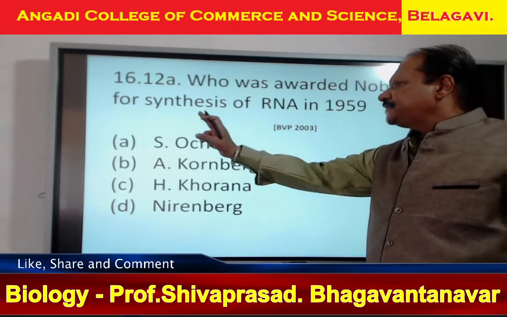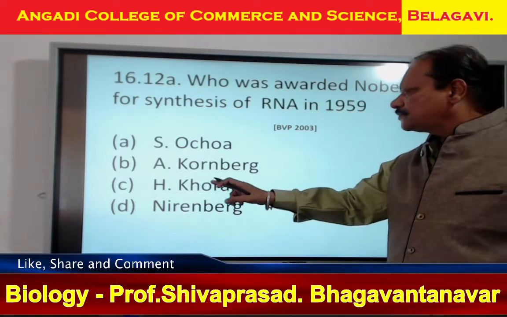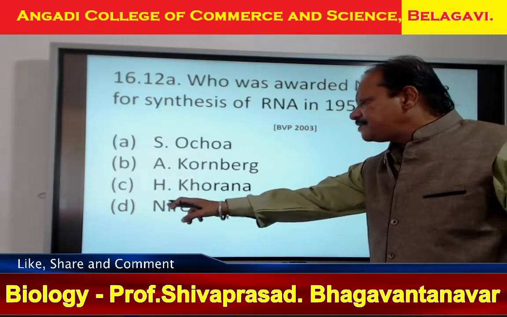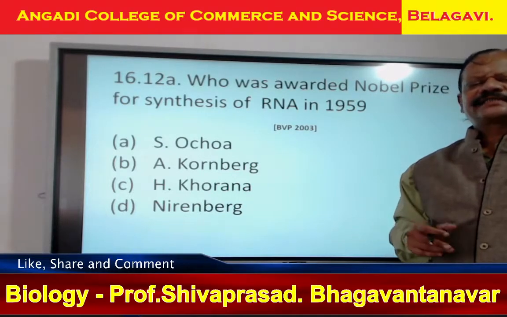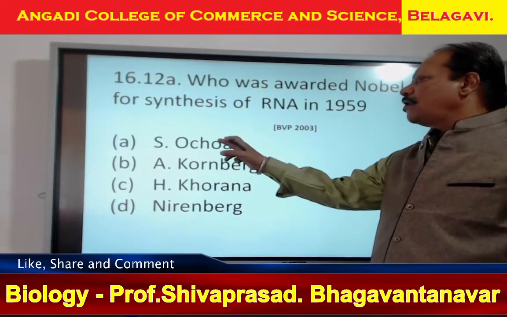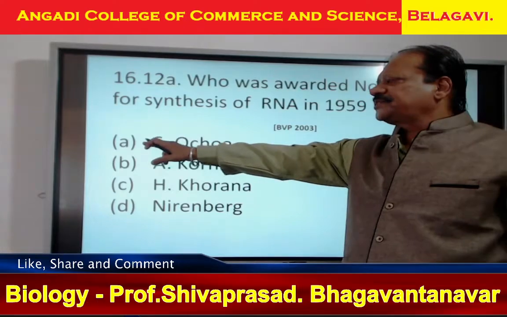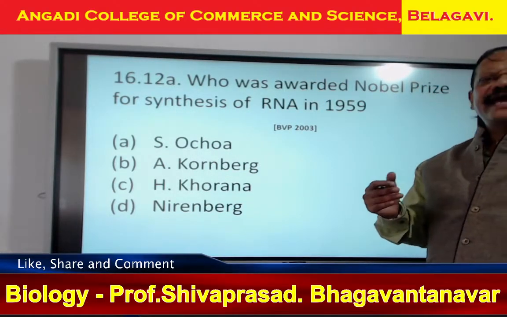Option A is S. Oka, B is Korenberg, C is Korana, D is Nirenberg. So already these details in the previous class I have given. So here the right answer is Oka. Yes, Oka is the right answer. So option A is the correct answer here. We are going to the next one.